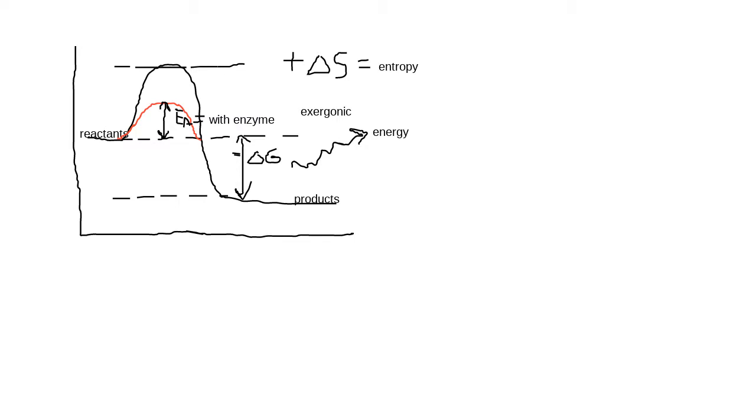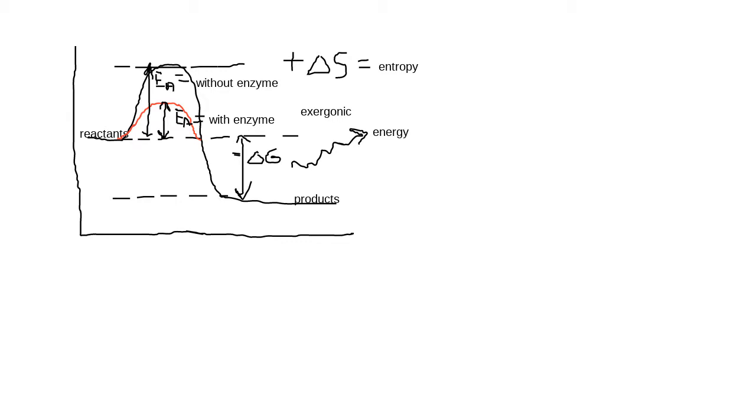Right? So with the enzyme, you have this activation energy. Without it, the activation energy is this amount here, right? So this would be the activation energy without enzyme, okay? There. Okay, that's pretty good.